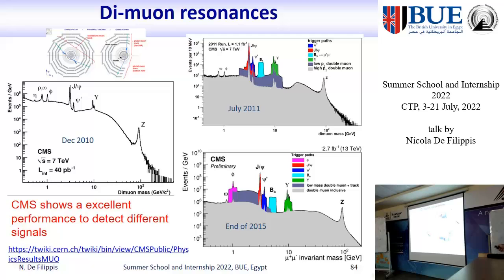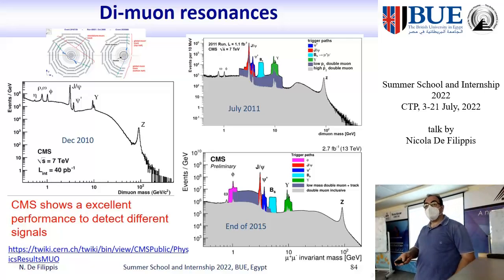So the low mass resonances, as you could see here: eta, rho, omega, phi, the J/psi, the Upsilon, the psi prime, and then the Z. So these histograms show you the power of those experiments, which essentially were able to discover all the resonances that were discovered with previous experiments.